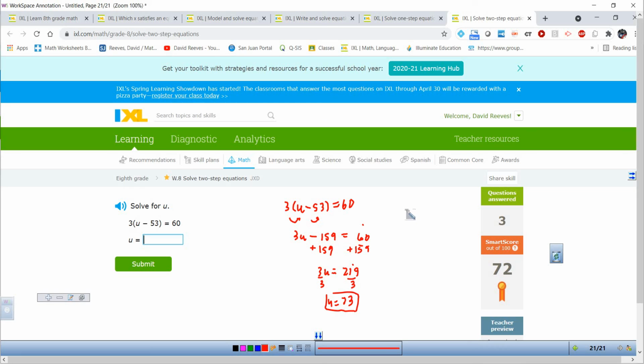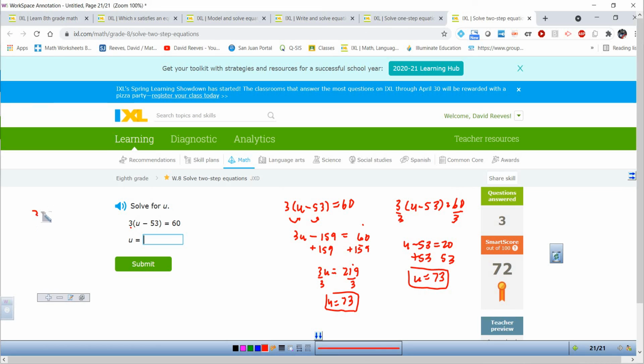Okay? The other way is to say, well, this is 3 times something, so I could divide both sides by 3, and I would get u minus 53 is equal to 20, and then I would add 53 to both sides, and I would get u is equal to 73. So actually you can see if this number goes into that number evenly, right?